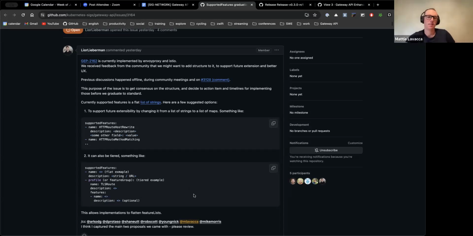Yeah, I agree with that. I'm trying to put myself in the shoes of a user, and I think it could be very beneficial for debugging purposes. If you have something that isn't working properly in your cluster, you may want to double check that the feature you are looking for is actually supported by the implementation. But I think the check should be performed upfront by the user, right?